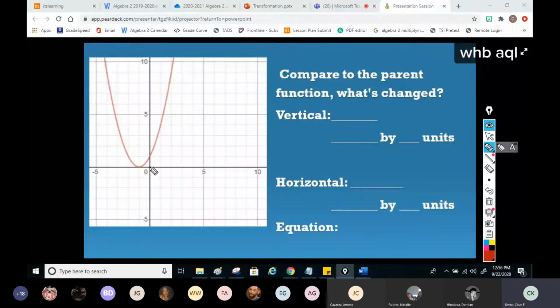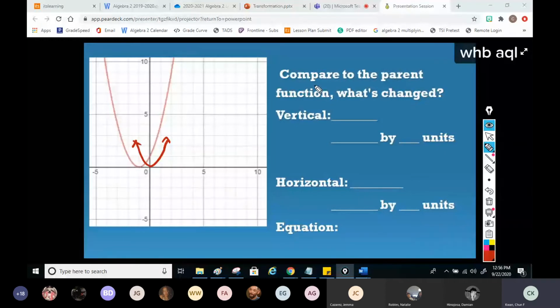So the parent function is supposed to start at the origin, okay? This is where the parent function is supposed to start right here, and then it goes like a letter U. But now we are definitely not at the origin. It's been shifted to the left. It has been shifted a little bit to the left.